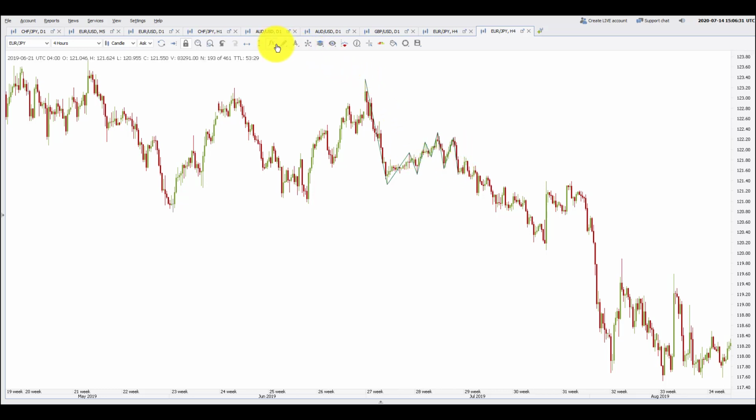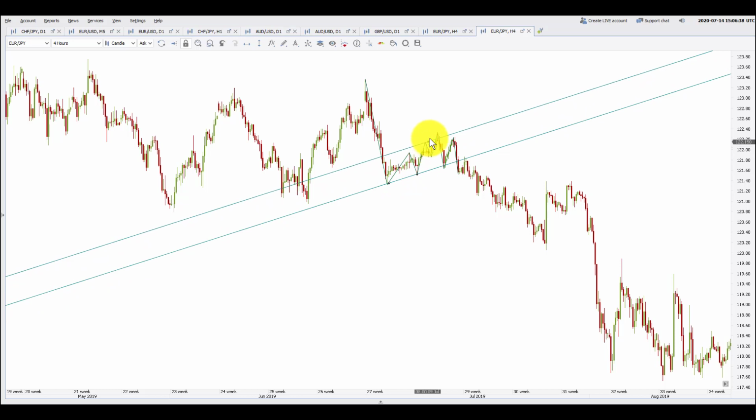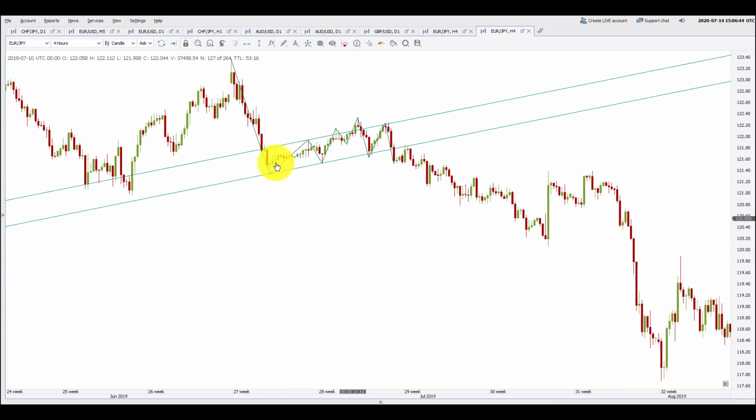Friends, can you identify the flag here? Well, yes, this is the... okay, you can include this high also, but I will say that refrain to this place. So there was a flag, then there was a channel, because the price never closed.